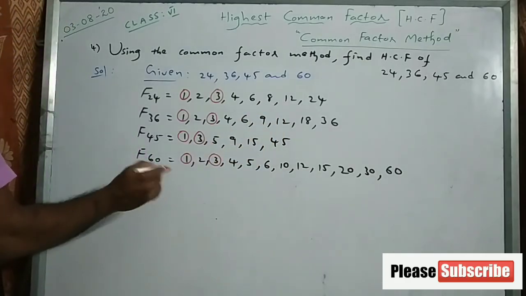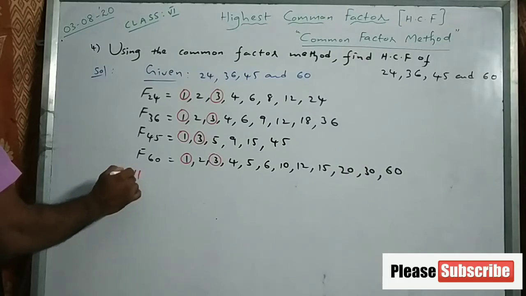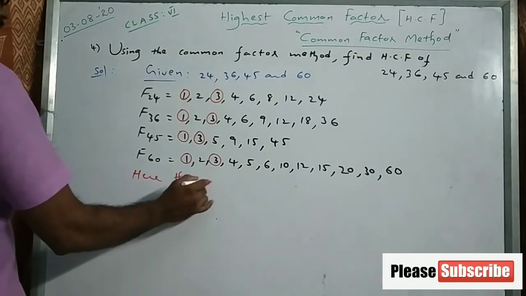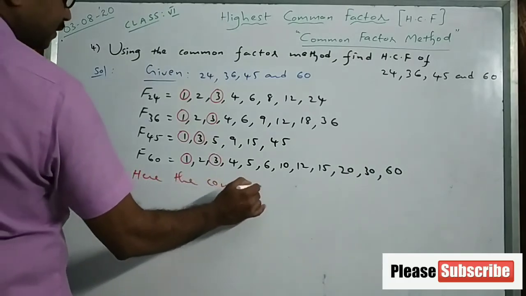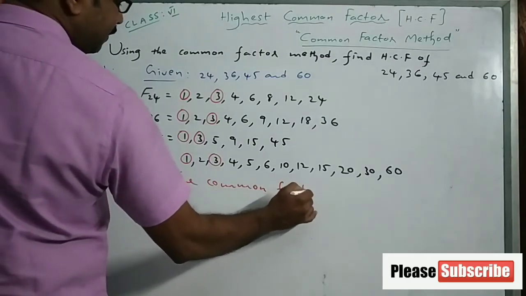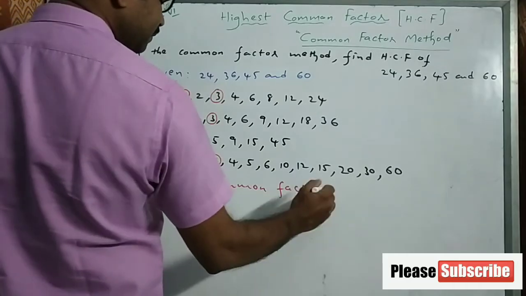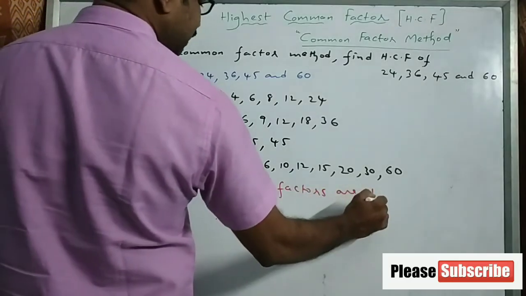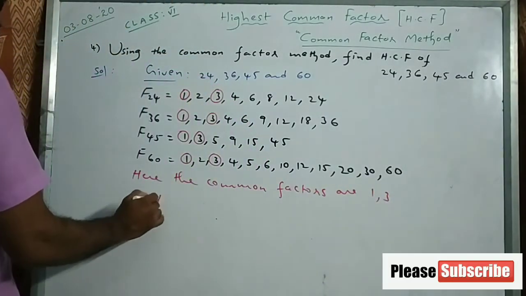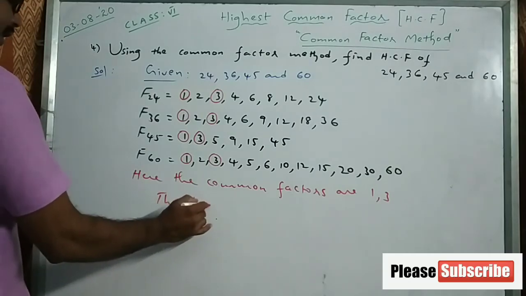Therefore, what is the highest common factor? Here the common factors are 1, 3. Among those, what is the highest common factor?